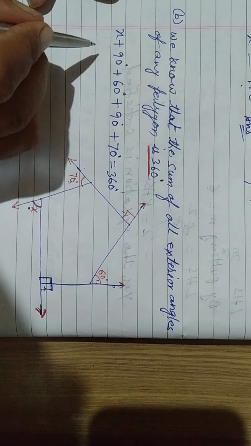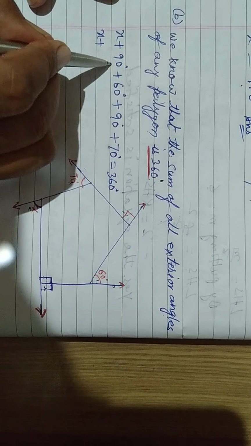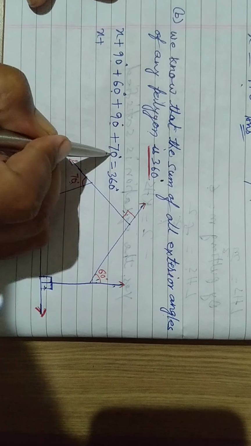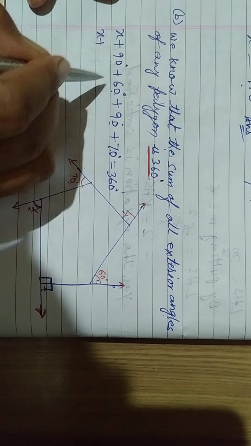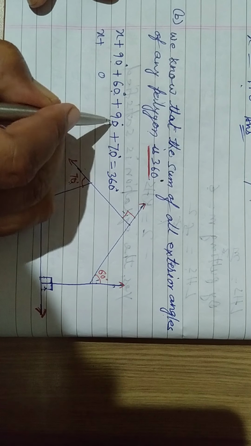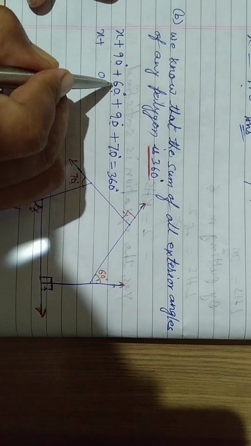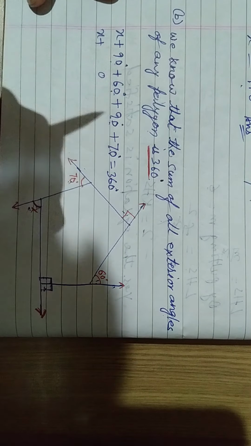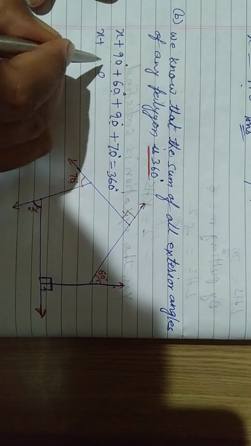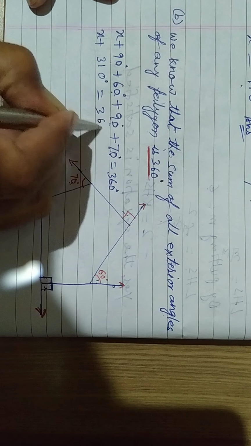Okay, then x plus, we can add all: 90 degree plus 60 degree plus 90 degree plus 70 degree. So 0, 0, 0, 0 is 0, 9 plus 7 is 16, 16 is 6, 22, 22 plus 9 is 31, 310 degree equal to 360 degree.